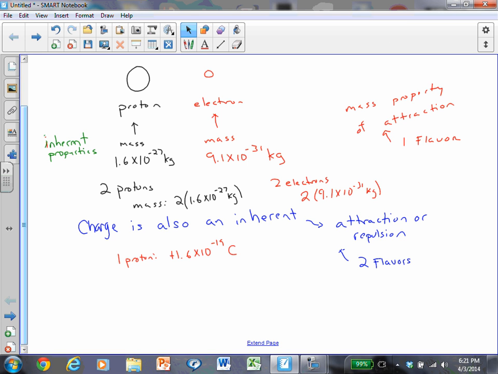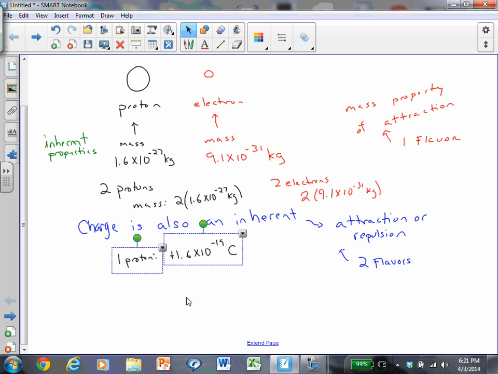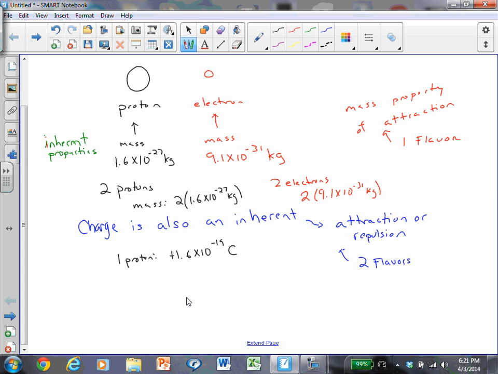And for electrons, the charge is minus 1.6 times 10 to the minus 19 coulombs. And if we have 2 electrons, it has double that charge. 2 protons, double that one.